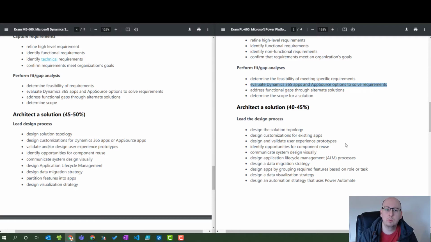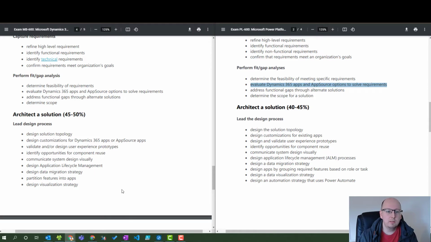Those sorts of things will probably be tested on in this exam to make sure that you know what those are. However, it's not going to ask you to design customization. So it says just design customization for existing apps. It's kind of funny that existing apps probably means those first party apps in hindsight. So yeah, you probably don't need to know Dynamics 365 customization to know this.